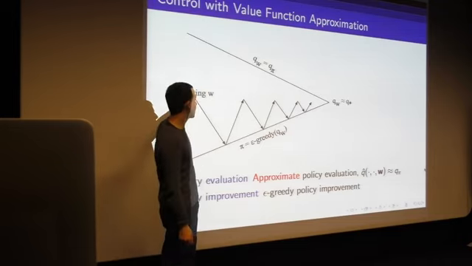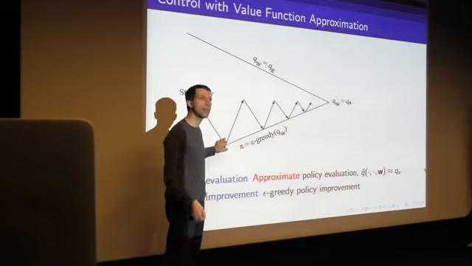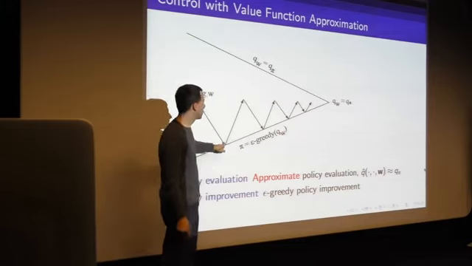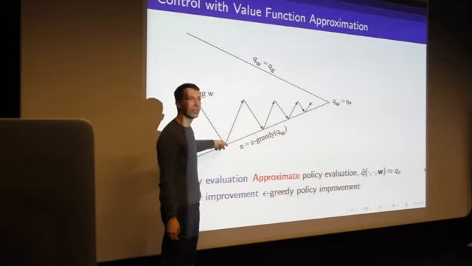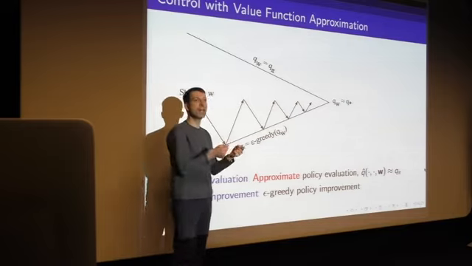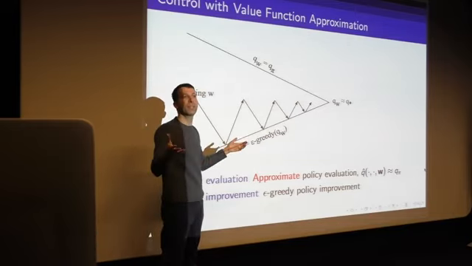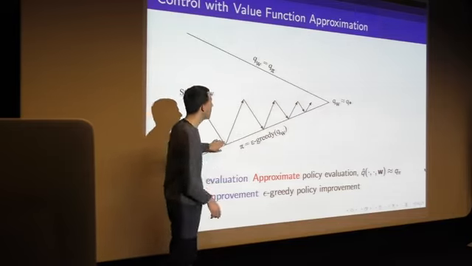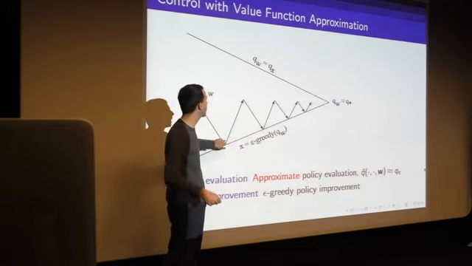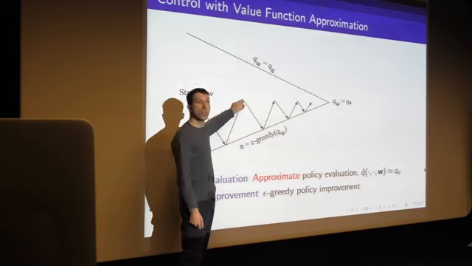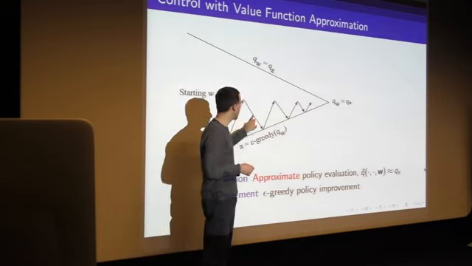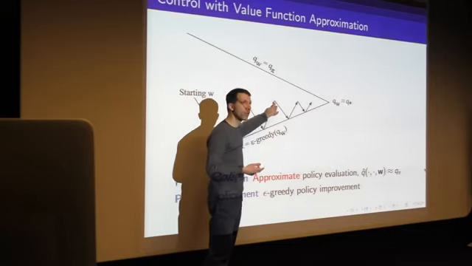And what we're going to do is act greedily with a little bit of epsilon exploration, for example, with respect to that value function that we've defined. So this might be our neural network. We act greedily with respect to our neural network. That gives us a new policy. And now we want to evaluate that new policy, so we run some more data, we update the parameters of our neural network. That gives us a new value function. And now with that new value function, we can act greedy with respect to that, and so forth.